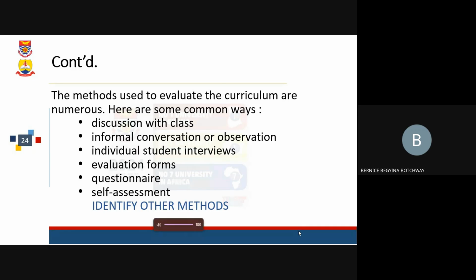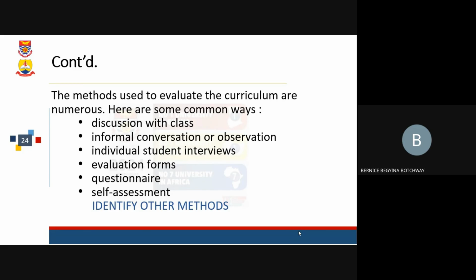Moving from the models, we have other methods that we use to evaluate the curriculum. The models take the decision for us, and the experts will take the information from us, the teachers, the students, all those of us implementing it and having the experiences with it.